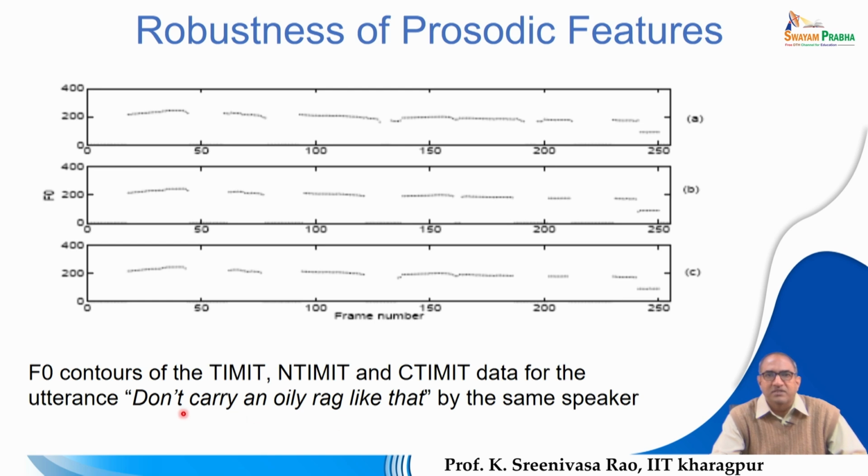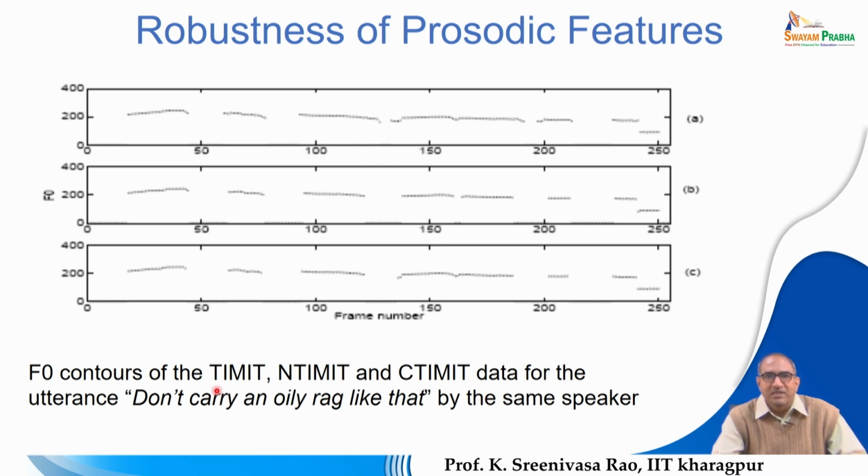This is a text utterance from the TIMIT database, and these three plots correspond to it. The first one is the utterance taken from the TIMIT database, and the second one is the same utterance by the same speaker from noisy TIMIT, meaning the same TIMIT utterance uttered in a noisy environment. The other one is CTIMIT, the same TIMIT utterance that was passed through a mobile phone or cellular environment.